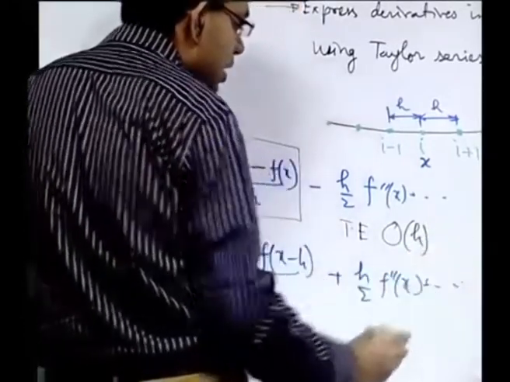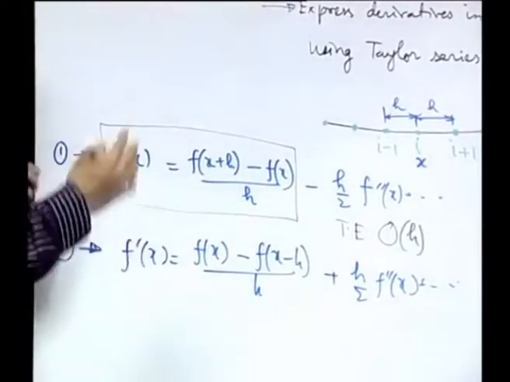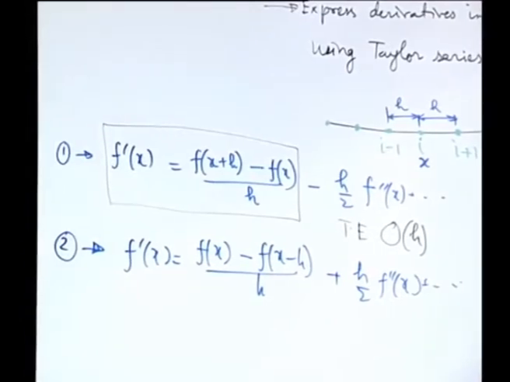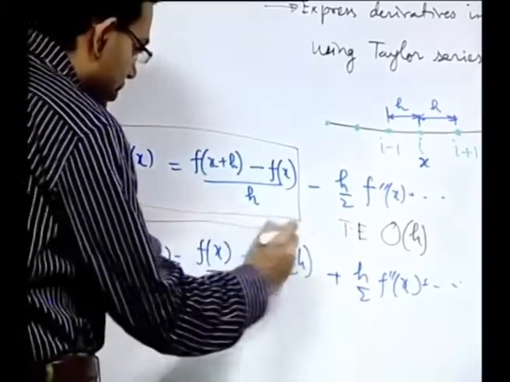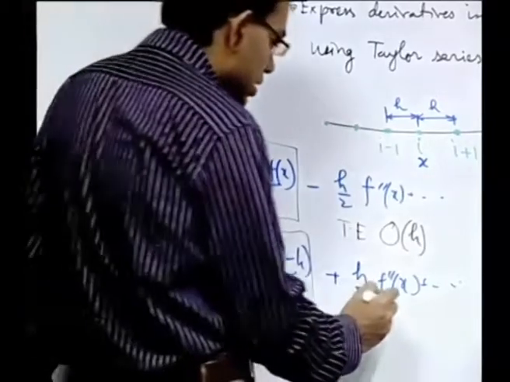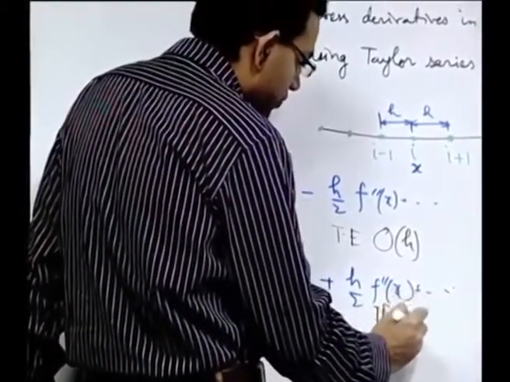The terms which are remaining and which are not considered, whether it is plus or minus is not important, only the order is important, because anyway we are interested about the truncation error. So, if we truncate this expression up to this, then the truncation error is of the order of h.